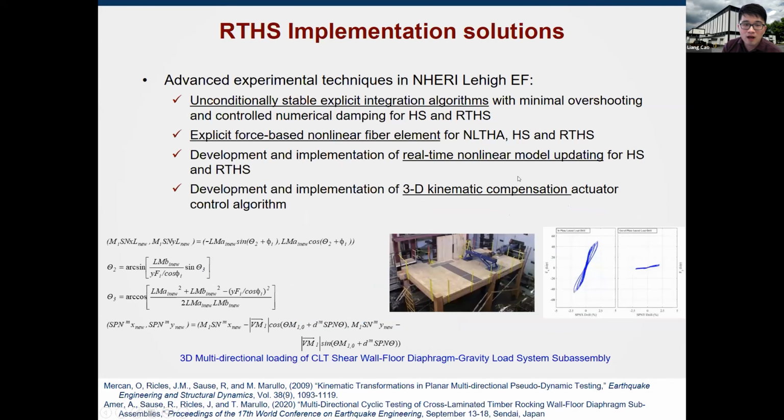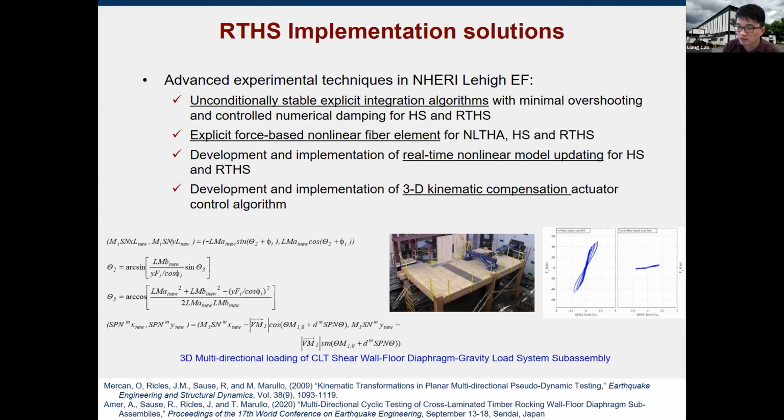The first, we developed a 3D kinematic compensation actuator control algorithm. As I talked about before, sometimes with a large-scale experimental test, the controlled node on the experimental specimen may not be at the actuator motions. For example, in this 3D multi-directional test of a CLT shear wall and floor diaphragm, when you do dynamic testing, your actuator's location is not the control node where you want the impulse displacement located.